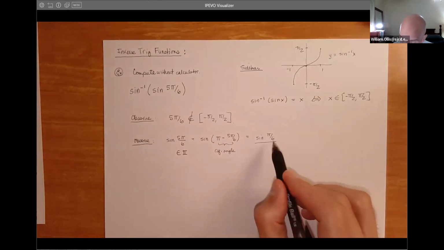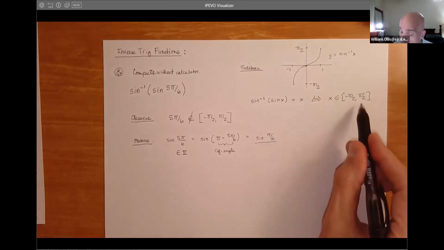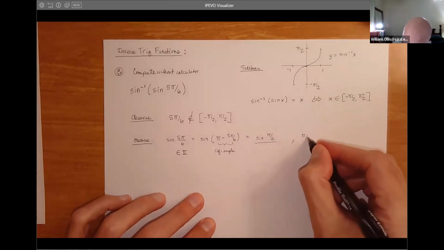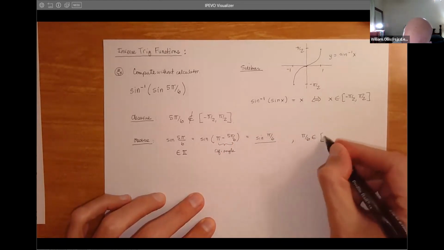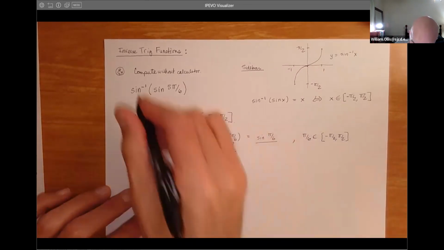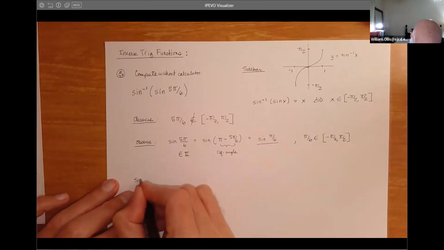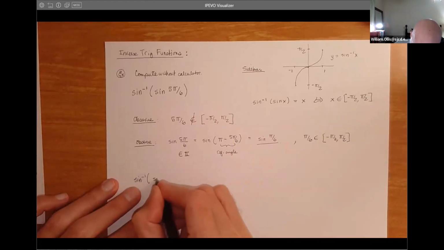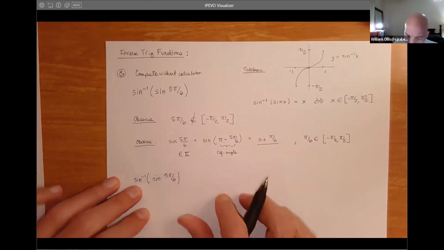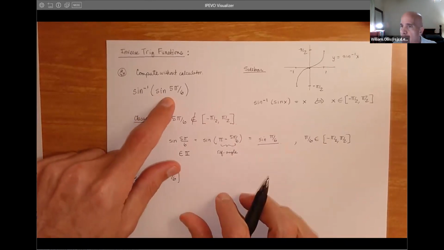But we notice that pi over 6 does live here. It's in the first quadrant. And so we can say pi over 6 lives between negative pi over 2 and pi over 2. So now we can go back to our calculation. This is where you can't just say, oh, it's not defined, because the sine function is defined for any real number.